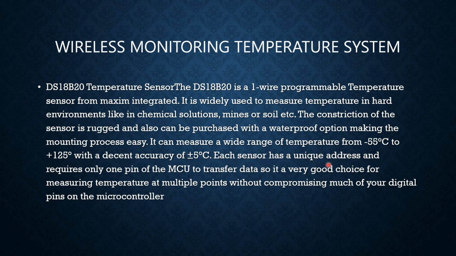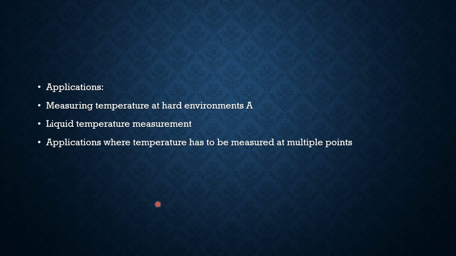Each sensor has a unique address and requires only one pin of the MCU to transfer data. So it is a very good choice for measuring temperature at multiple points without compromising many of the digital pins of the microcontroller. Applications include measuring temperature in harsh environments, liquid temperature measurement, and applications where temperature has to be measured at multiple points.